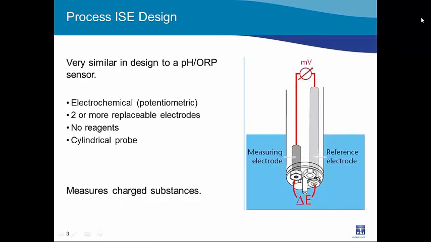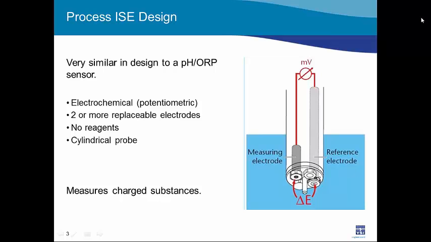When it comes to ion selective electrodes or YSI design, it's comforting to know that they are very similar to something we're already very familiar with, and that is the pH or ORP sensor.